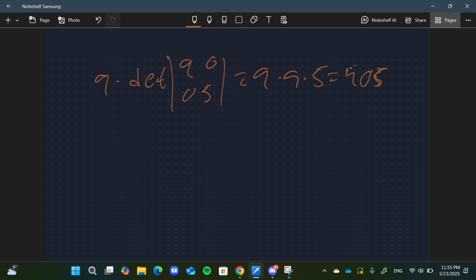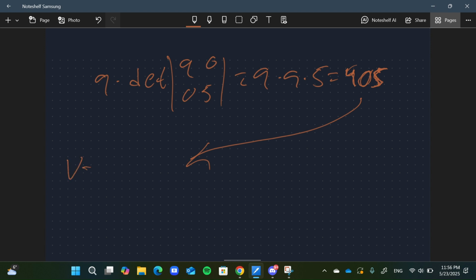But this is the increase in volume which we get per unit of volume, so to speak. What this represents is each unit of volume in our previous system is equal to 405 units of volume in our second system.